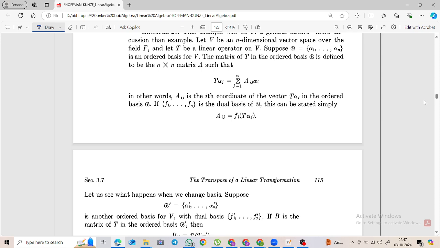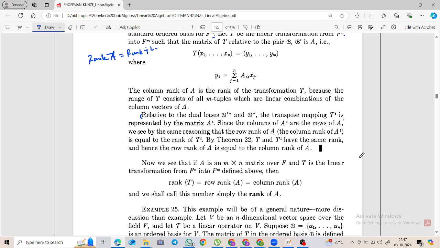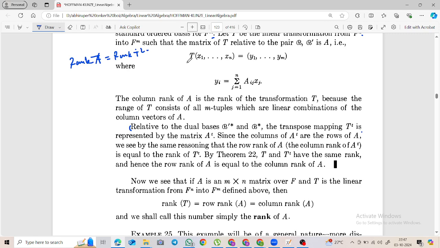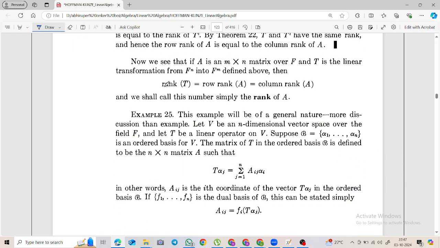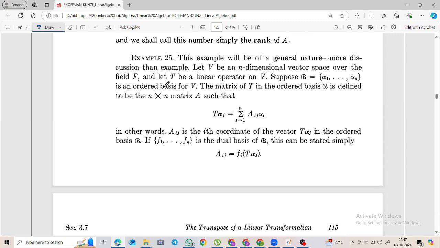Let's see what they are actually saying in this example. Suppose V is an n-dimensional vector space over the field F, and let T be a linear operator on V.